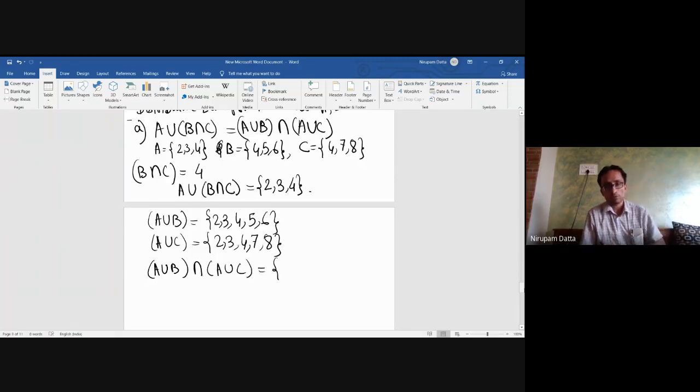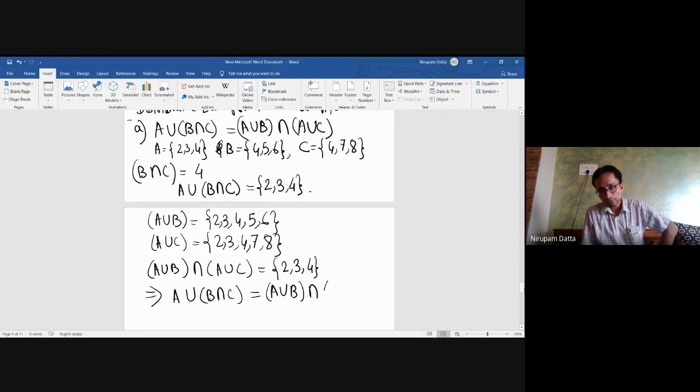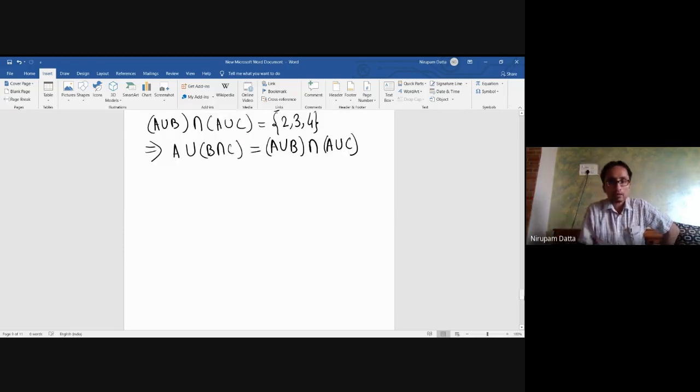What are the elements common to both? 2, 3, 4. This implies A union B intersection C is equal to A union B intersection A union C. So this is part A of the distributive law. Part B will be done very soon. Just bear with me for some more minutes.